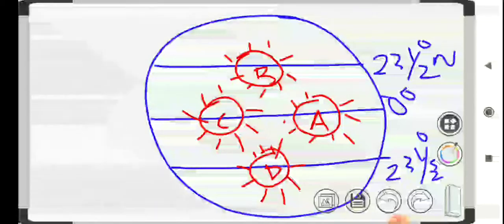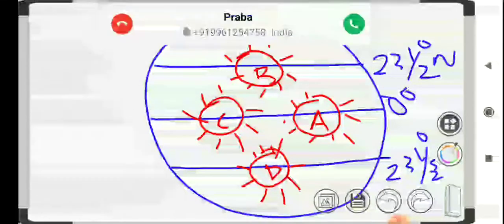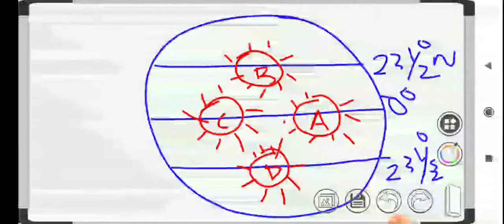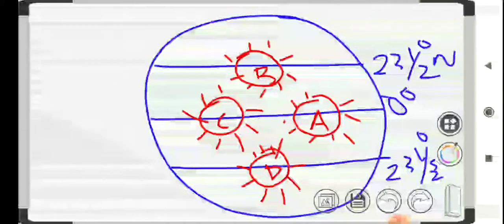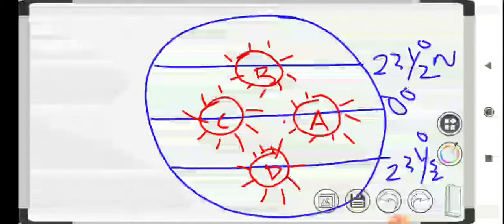The position of sun is vertically above the Tropic of Capricorn. Okay. Now A and C, the position of sun is on the equator. B, position of sun is above the Tropic of Cancer. And D, position of sun is above the Tropic of Capricorn.